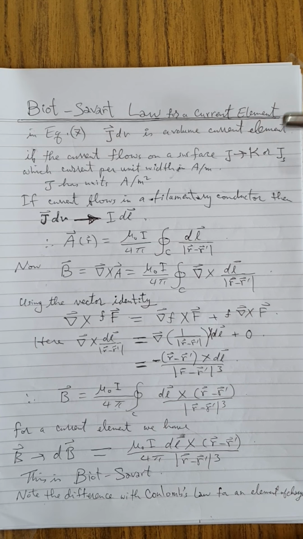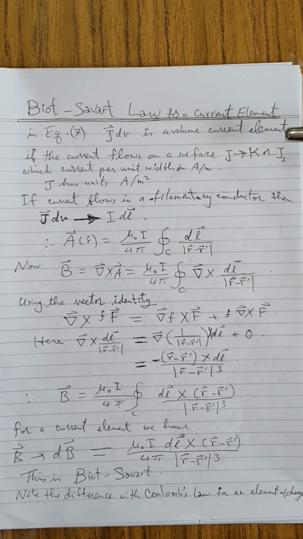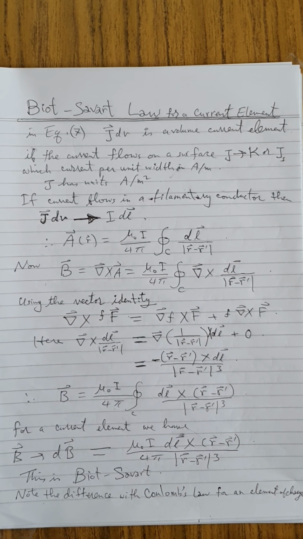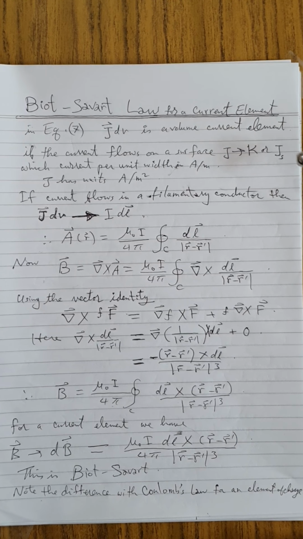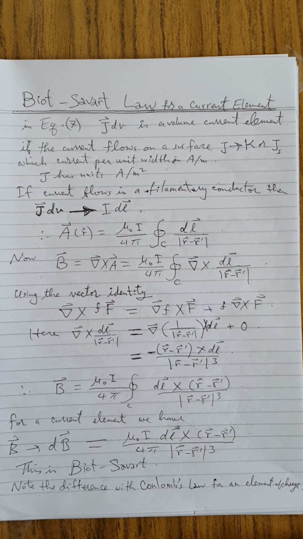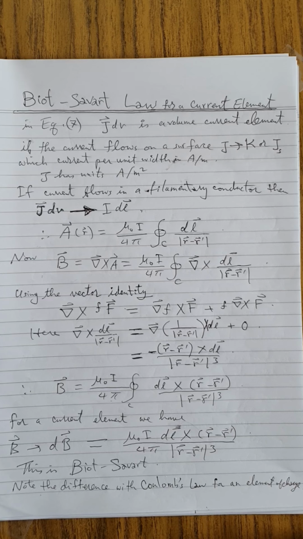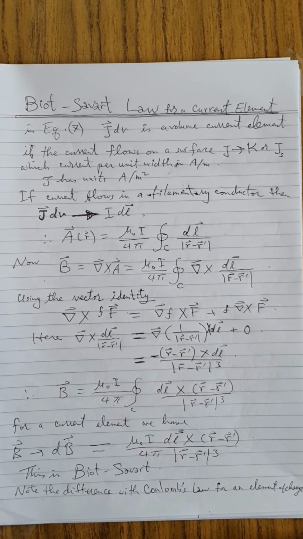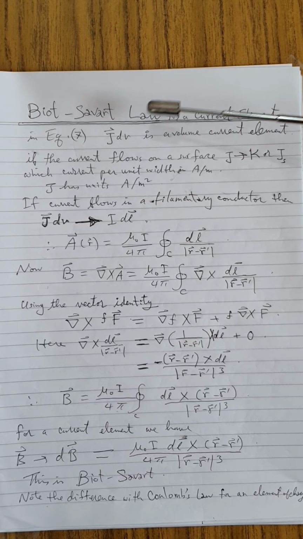Now if the current flows on a surface, then the current element j dv becomes k ds. So we use k or js instead of j. J has units of amperes per square meter, but K or Js will have units of amperes per meter. It's a current per unit width.